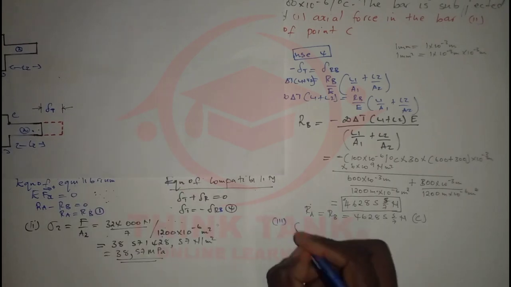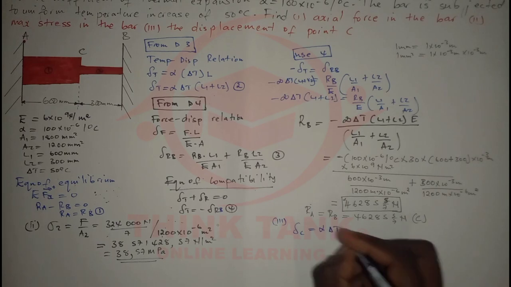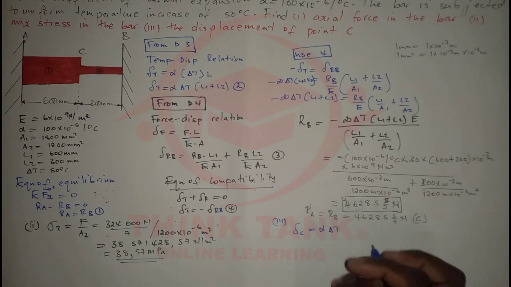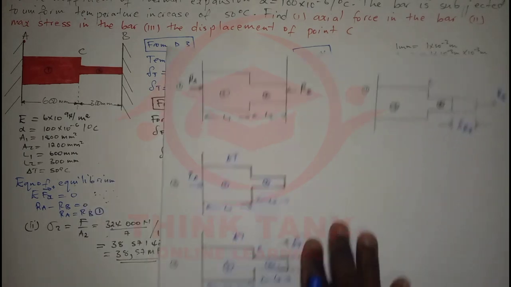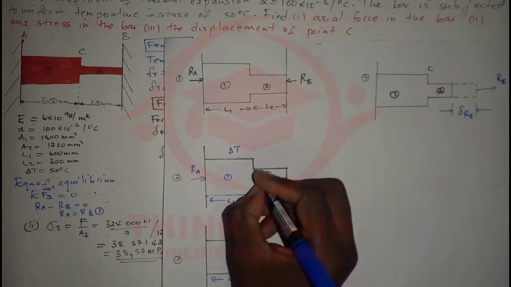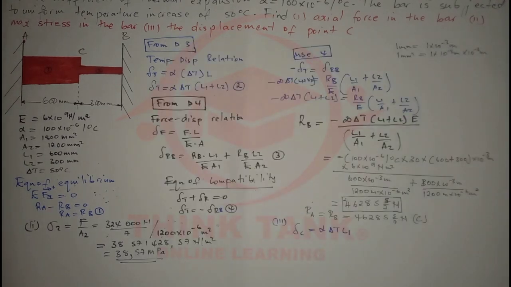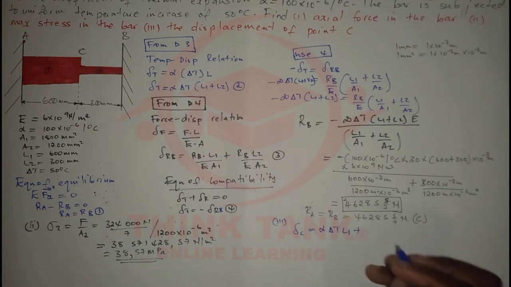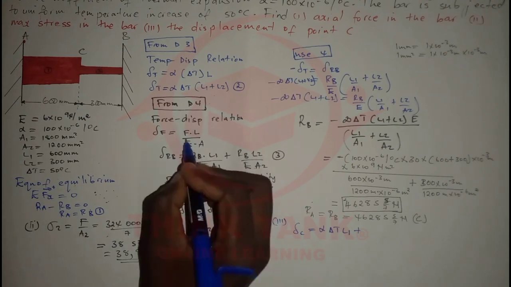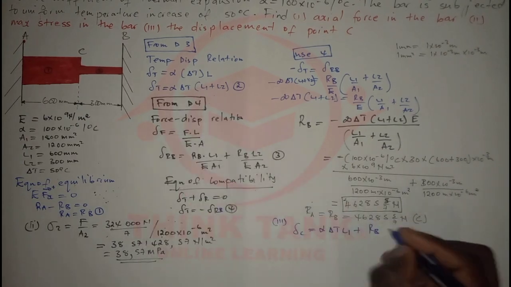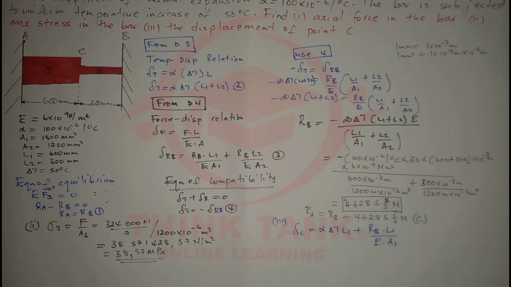So I'm going to say the displacement of point C is going to be the displacement due to temperature change, that is alpha times the change in temperature times A1. Say this is my positive x-axis, point C is going to move in this direction, plus the change due to RB. You know that the change in length due to a force is equal to force times length over E times area. In this case, the force is RB times the length, A1, over E times A1.